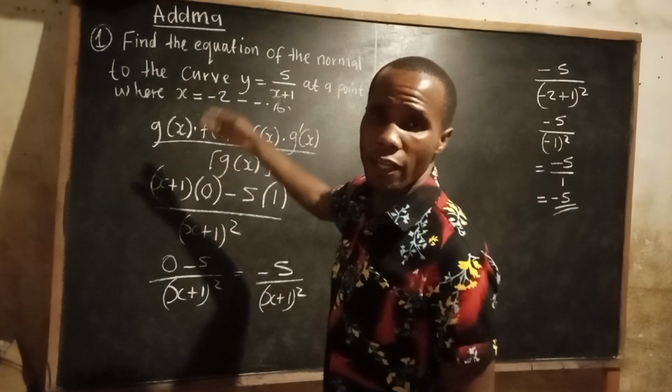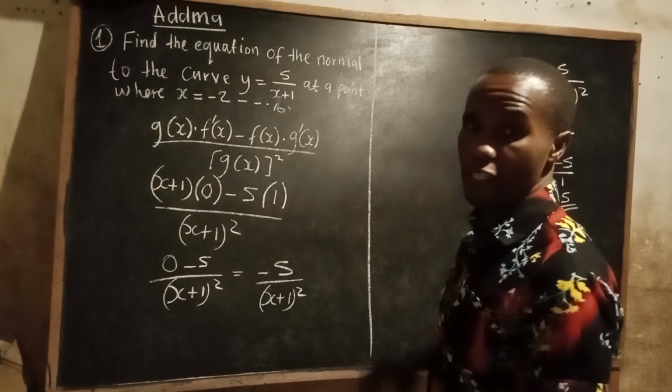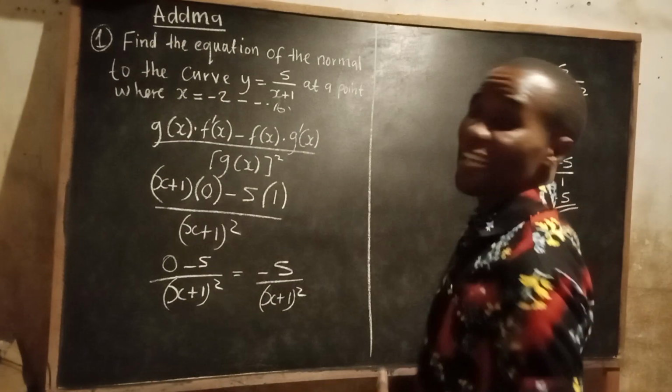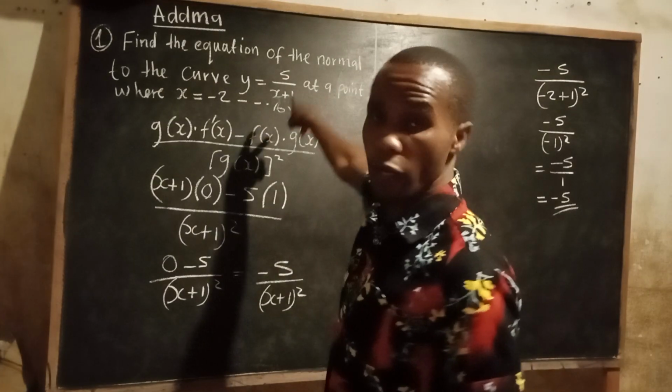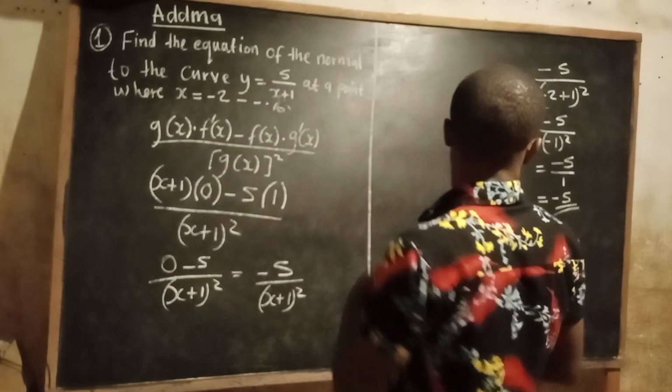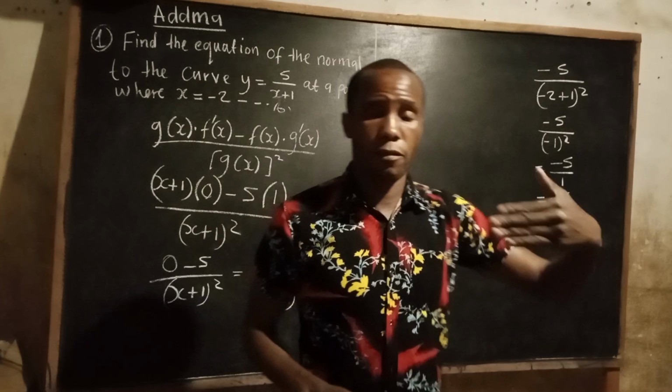Now let us talk of the perpendicular line, which is the what? The curve, the norm. So then the perpendicular line of that tangent, how we are going to find it, and that is the gradient that we are going to use even when finding the equation of that same norm. So let us do it. So what normally happens here, we have negative 5.